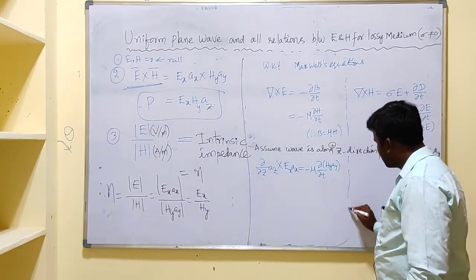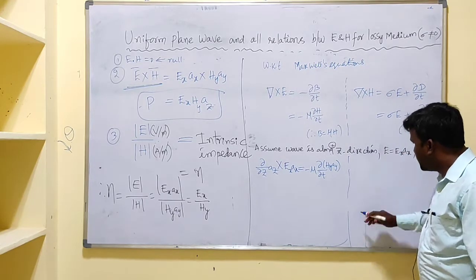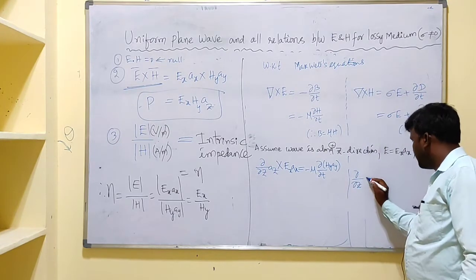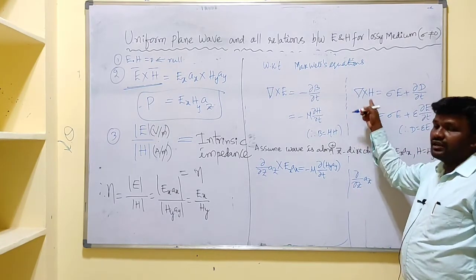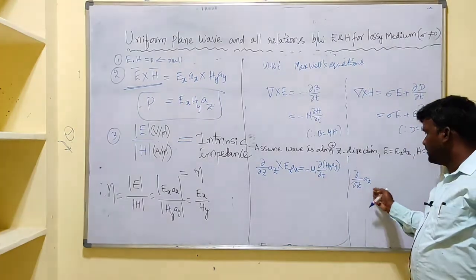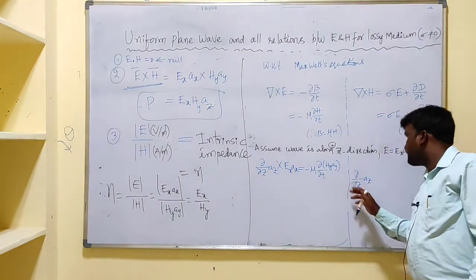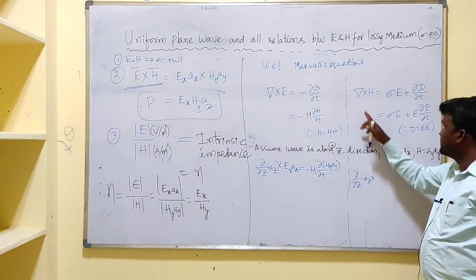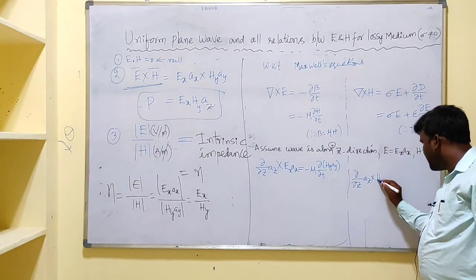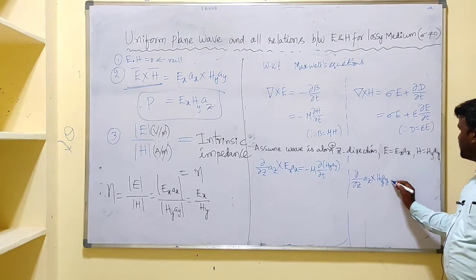Now let us focus on this side, that is del cross H. Del should be taken along the z direction, that is ∂/∂z az, since the wave is traveling along the z direction. Next, this is the space variable, meaning the distance variable. H should be taken along the y direction, because we already assumed H is along the y direction.